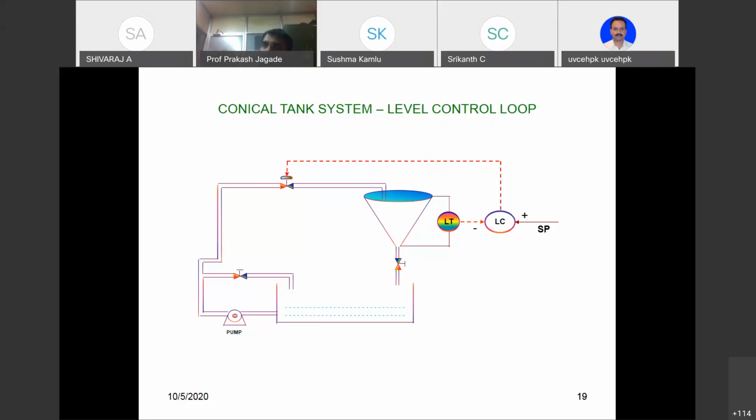When you change the operating point, you have to change the parameters of your PID controller. You cannot use the same PID parameters for all values of set point, because the area of the tank is not constant.